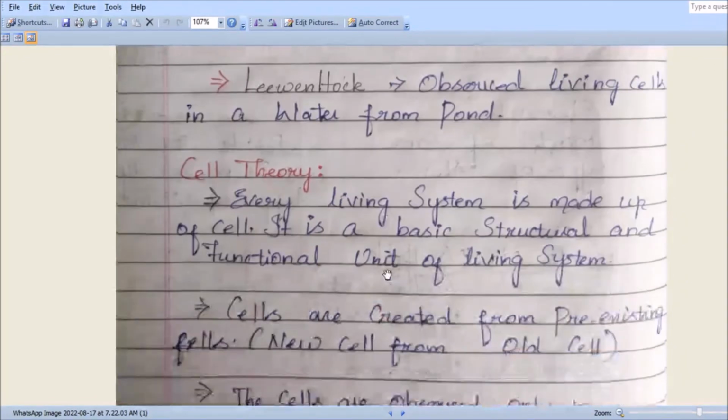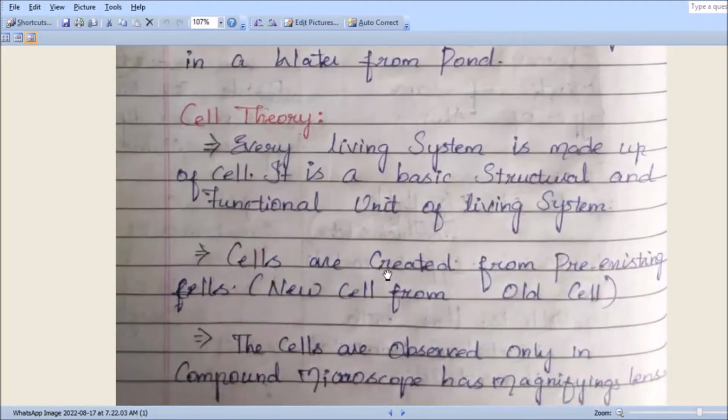Then I'm moving to cell theory. You know that every living system is made up of cells, am I right? Then the basic structural and functional unit of life is a very, very important point, because you're going to see this throughout your life. They will ask the question: which is the basic structural and functional unit of life? Absolutely, it is the cell. Muscle cells give shape and structure.